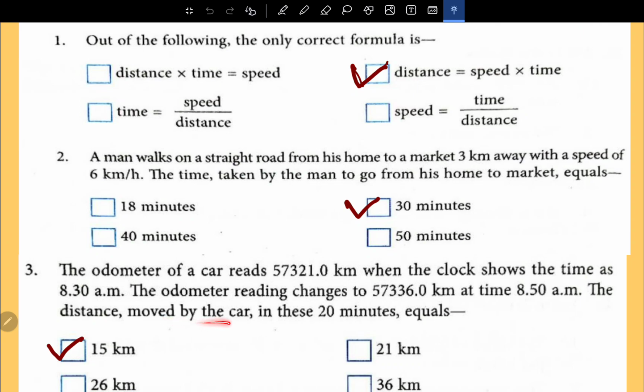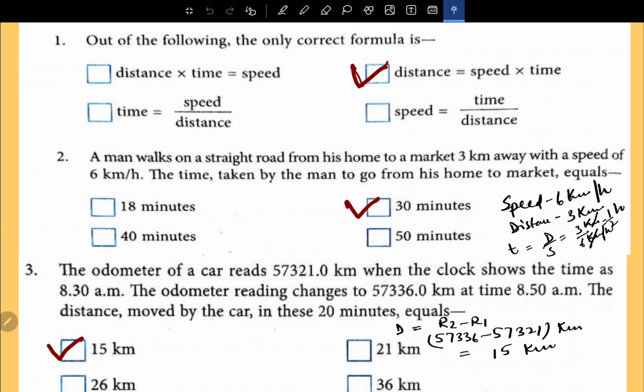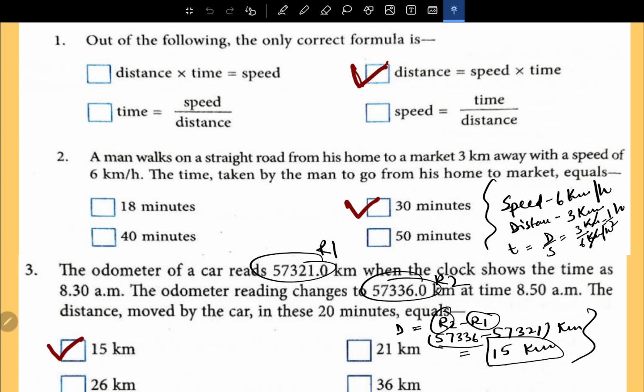The distance moved by the car in these 20 minutes equals 15 km. So this is solved. This is reading 1, and this is reading 2, and this is 15 km. Simple minus.